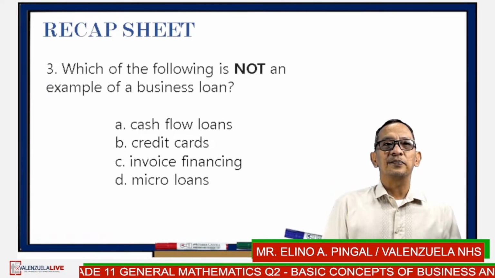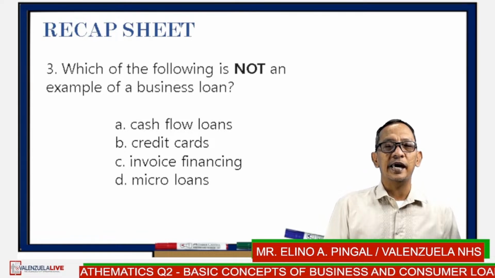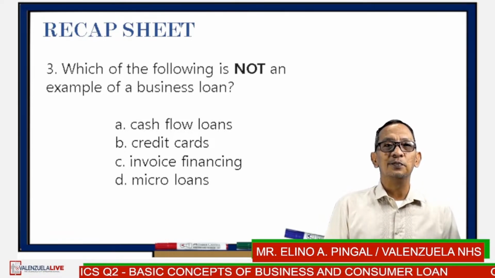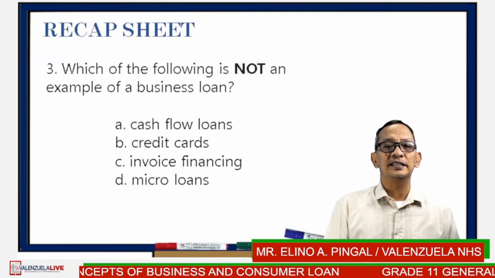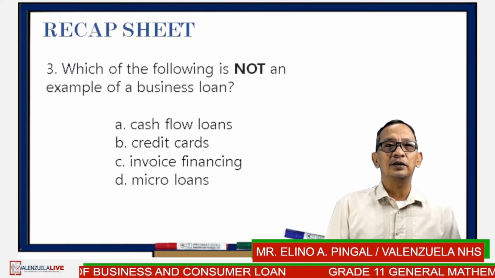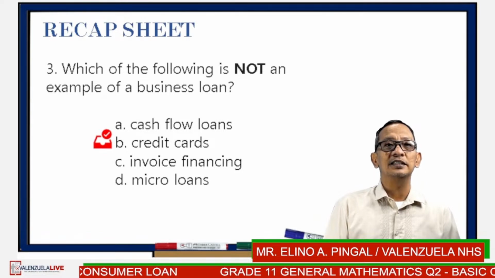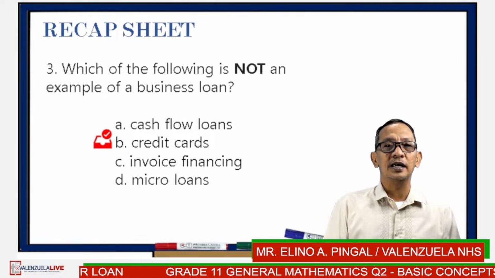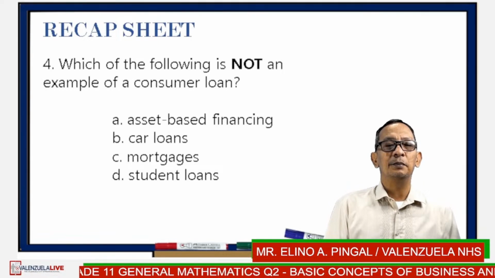Number 3. Which of the following is not an example of a business loan? Is it A, cash flow loans, B, credit cards, C, invoice financing, D, microloans? The correct answer is letter B. Credit cards is a type of personal loan. Number 4.